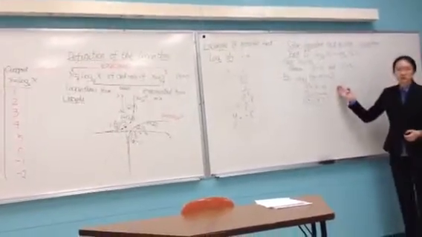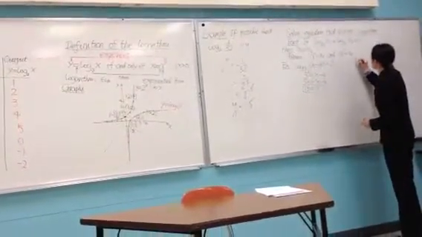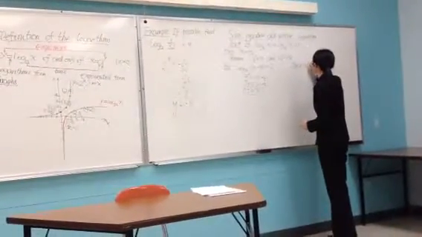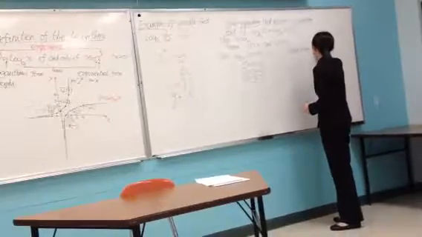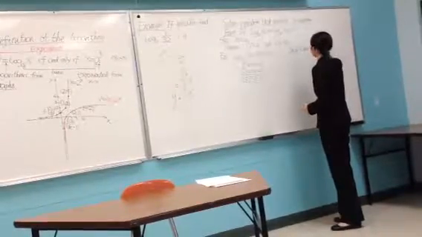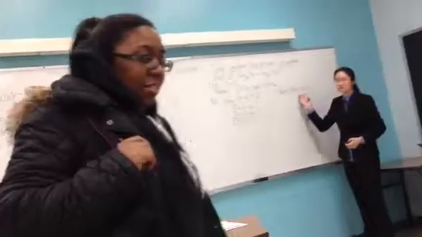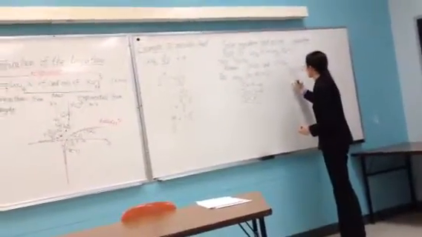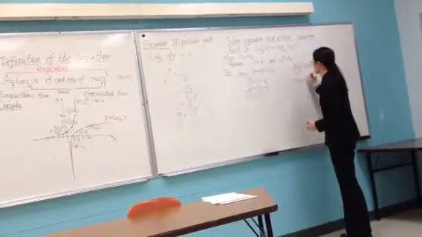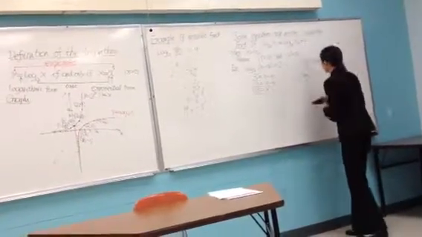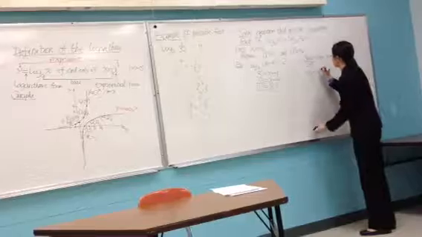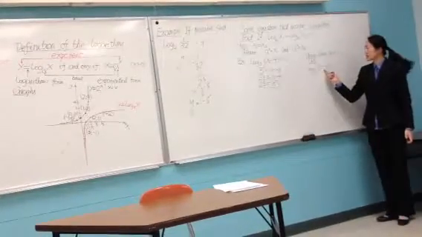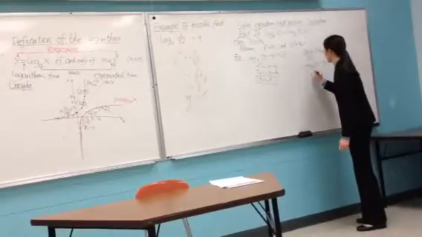Okay, now let us check our solution. For x equals 13, left hand side. Now 13 minus 4 is 9.